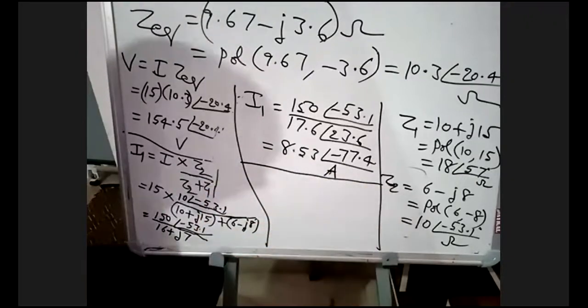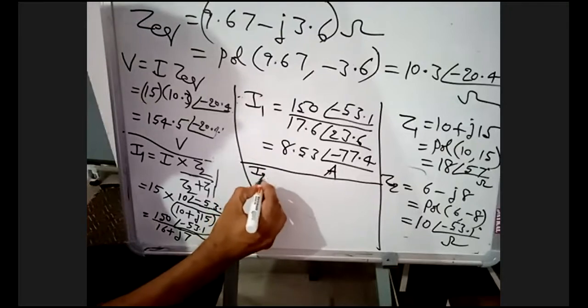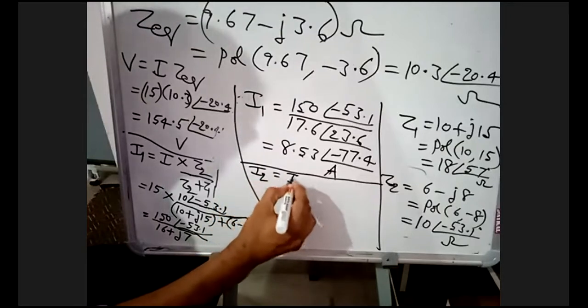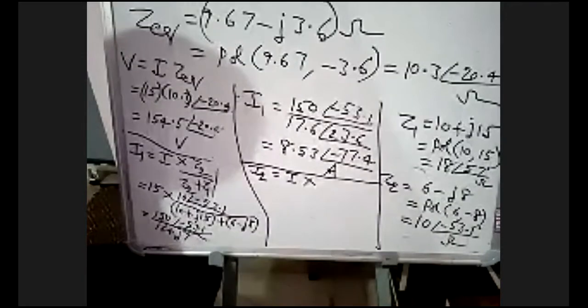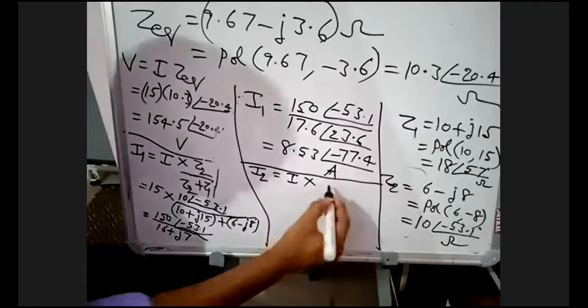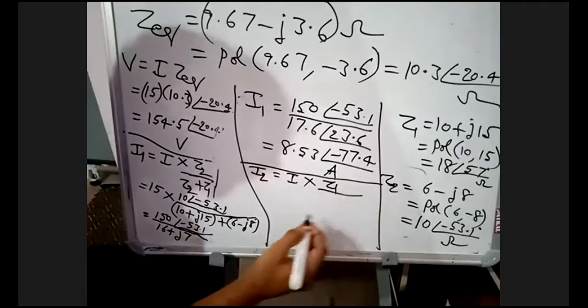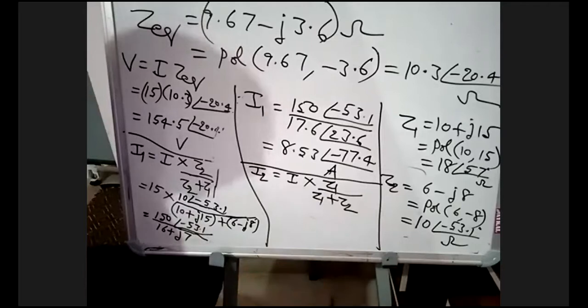Ampere. Is it okay? Similarly, I2 is equal to total current into the opposite branch. See the circuit. The opposite branch for I2 is the opposite impedance, that is Z1 by Z1 plus Z2.